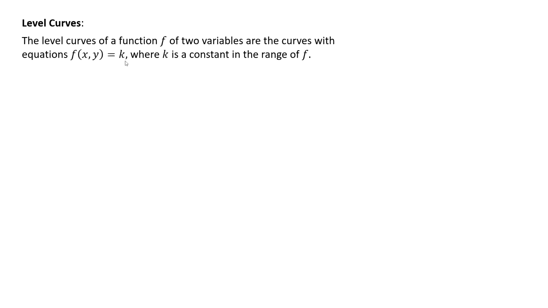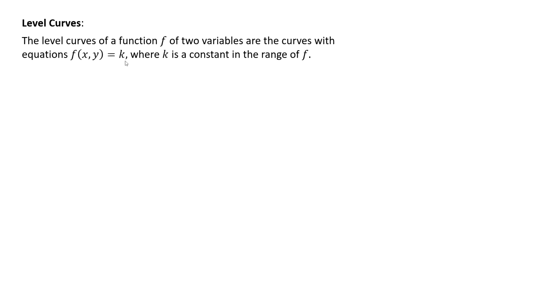Let's go back to that simple case of f of xy is equal to x plus y. Cool. If I say f of xy is equal to x plus y is equal to, say, 1, that means I'm saying x plus y equals 1. Is x plus y equal to 1 a curve? Yeah, it's y equals 1 minus x. It's a line. Is a line a curve?